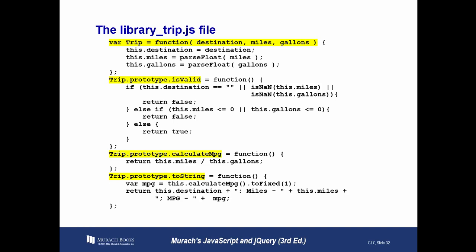The code adds 3 methods to the prototype of the trip object type. The first 2 of these methods are like the ones in the miles per gallon application. In other words, the isValid that we'd already looked at, written a little bit differently, but pretty much the same thing. All right. And the calculateMPG function.